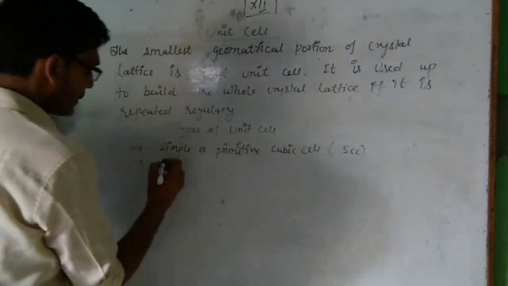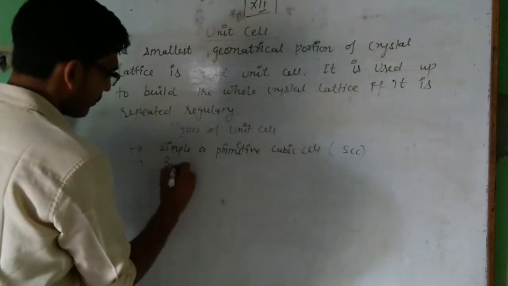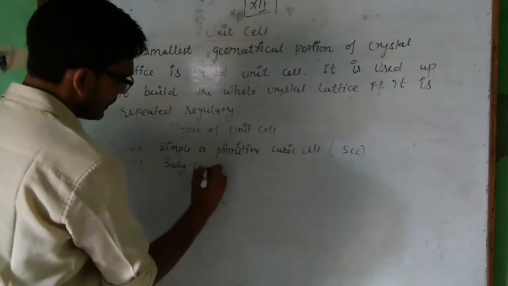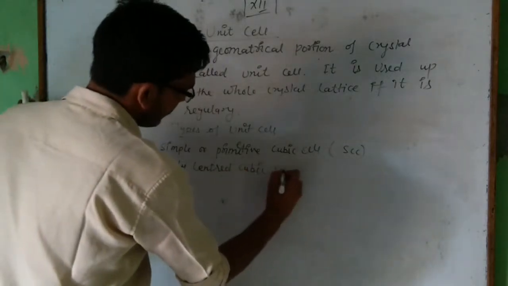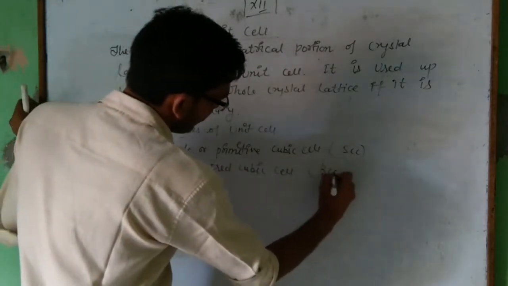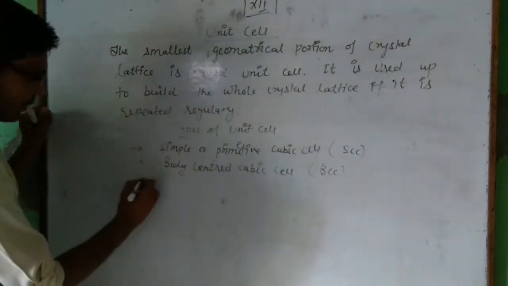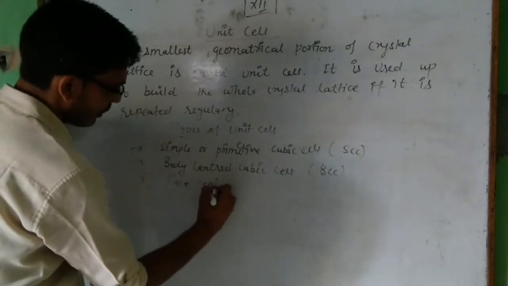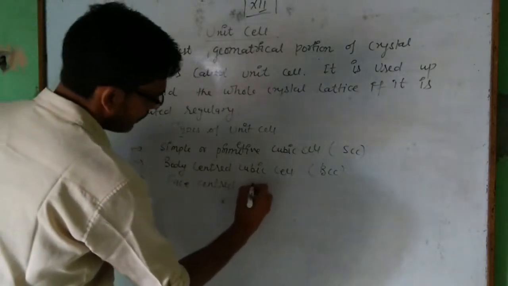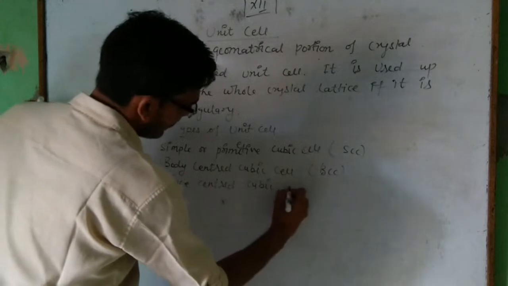Second one is body centered cubic cell. In short, you can write BCC. Third one is face centered cubic cell.